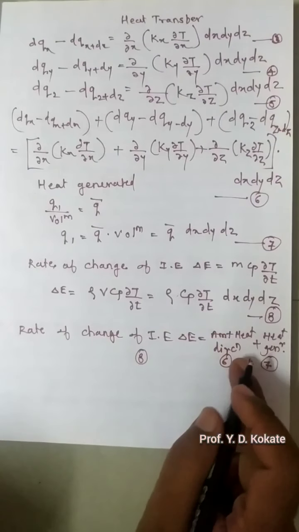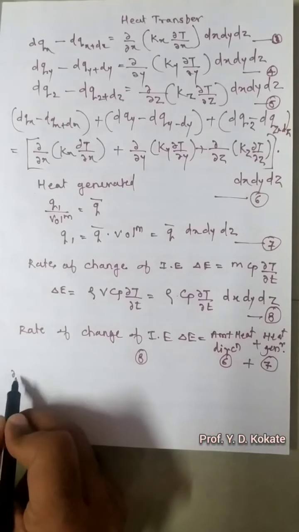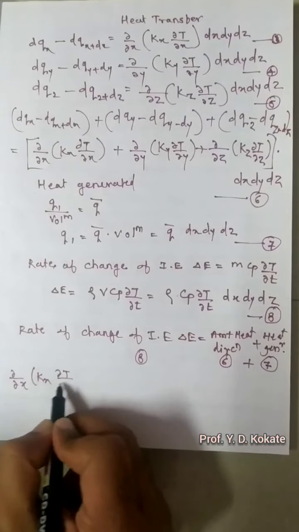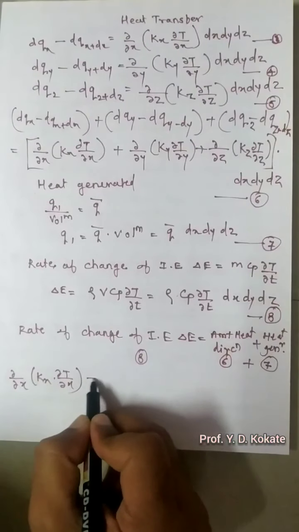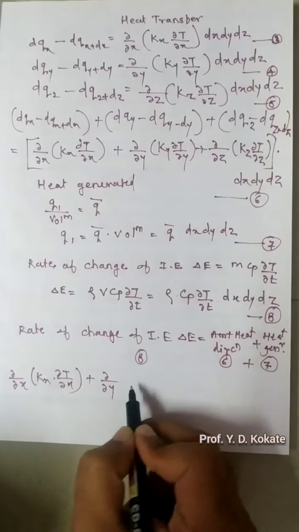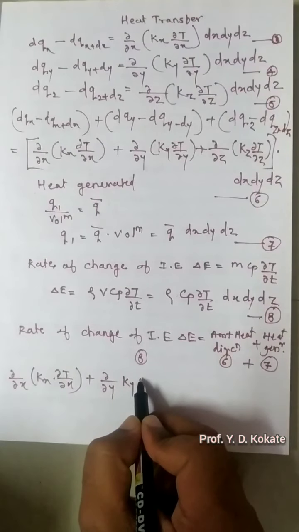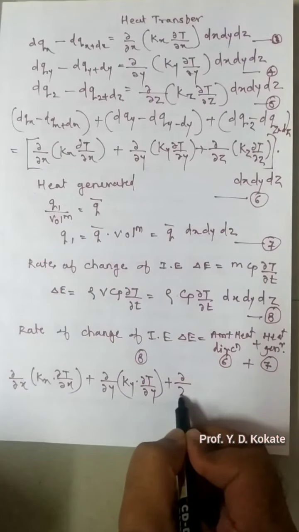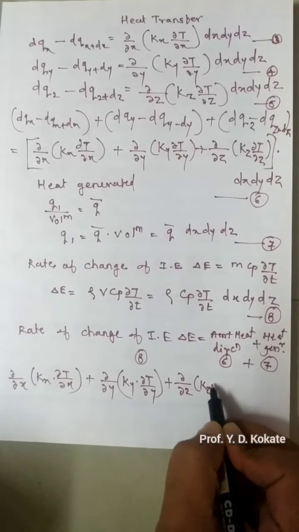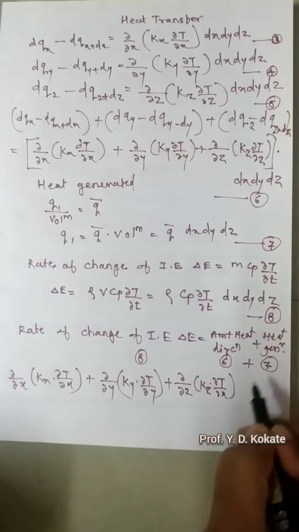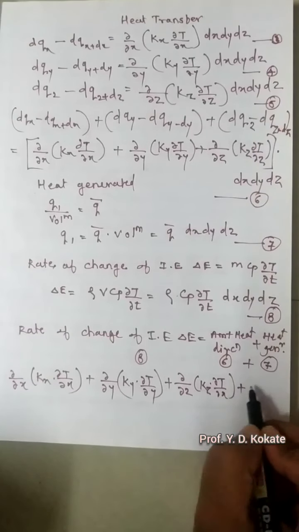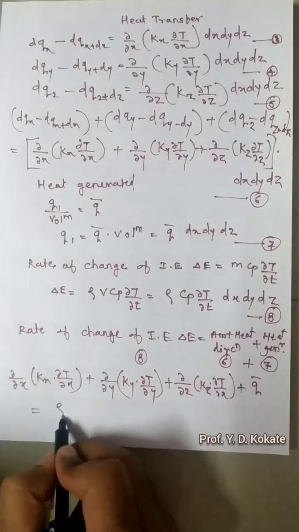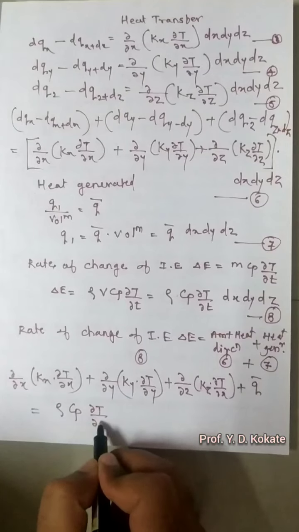I write it down: the heat transfer in all directions is ∂/∂x (kx ∂T/∂x) plus ∂/∂y (ky ∂T/∂y) plus ∂/∂z (kz ∂T/∂z), plus heat generation, that is Q bar, is all equal to rho Cp ∂T/∂t.